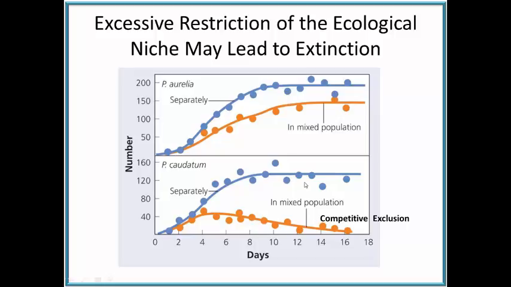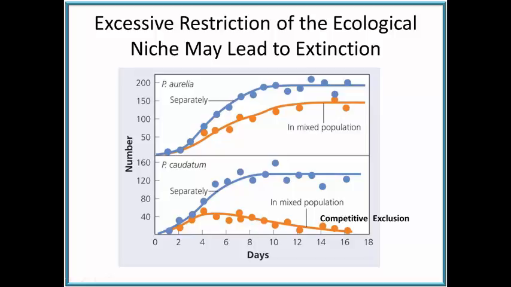If you take a moment and look at these two graphs, what you see is the impact of aurelia on caudatum here is much larger than the impact of caudatum on aurelia here. So aurelia is the superior competitor and actually drives Paramecium caudatum to extinction. That's referred to as competitive exclusion.